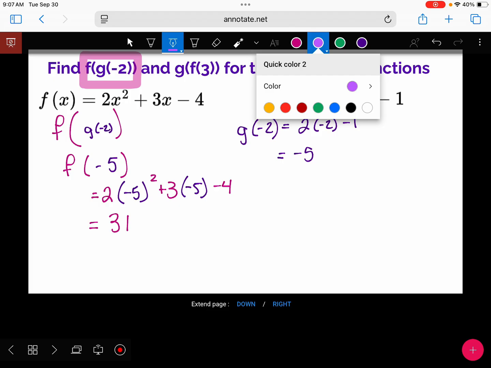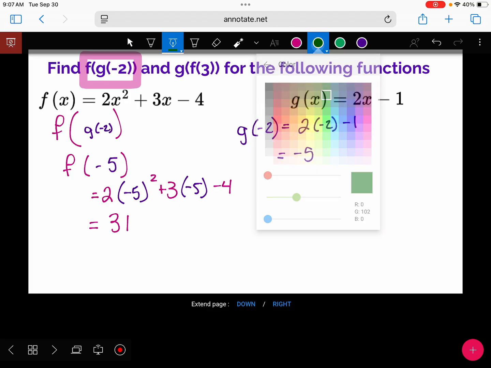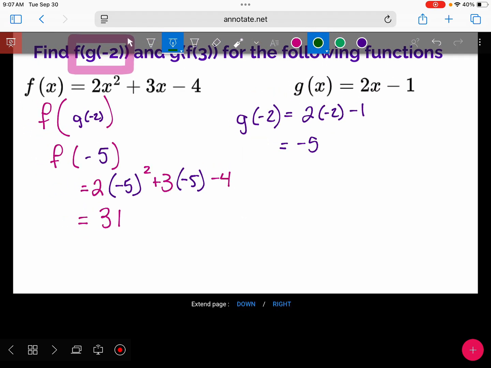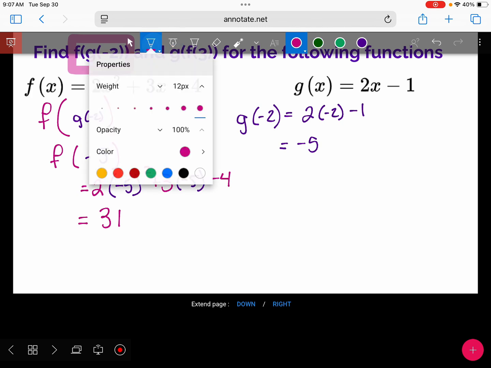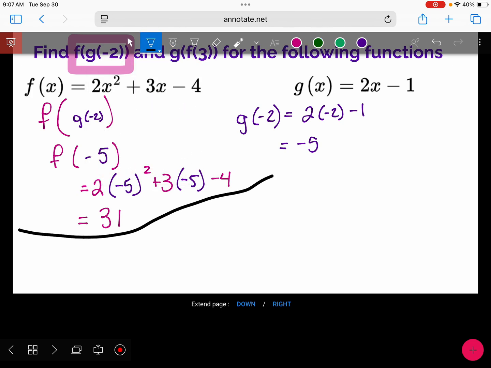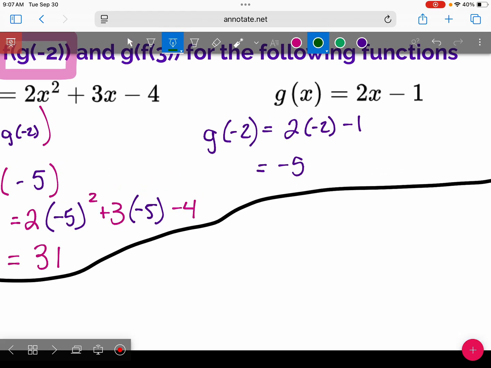Let's do the g of f of 3, just because we had some confusion on this one. I'm going to give us a little barrier here just so we can think about these separately. So then let's do our g of f of 3. That's what it says in the instructions up here, g of f of 3. So we're going to start by doing the inside bit, doing that f of 3.